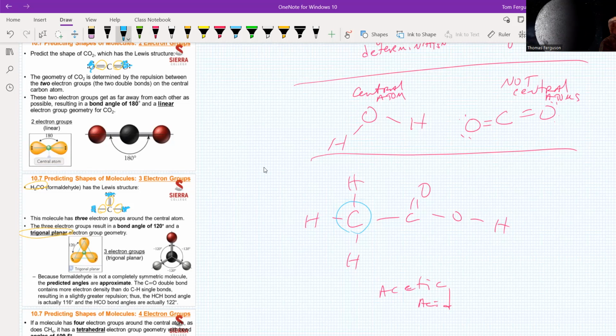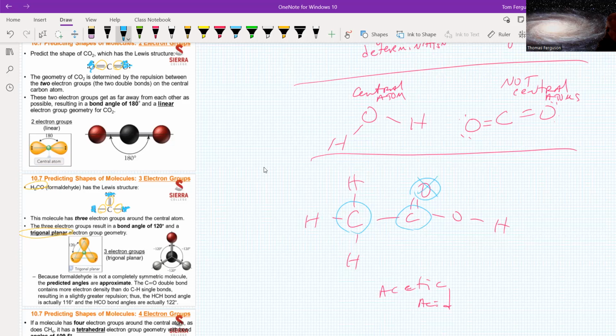Is that a central atom? It is, because there are four bonds coming out of that carbon. What about that carbon? It has three. What about this oxygen? Is that qualified to be a central atom? No, because it only has one bond, a double bond, down to that carbon. So that's not a central atom.